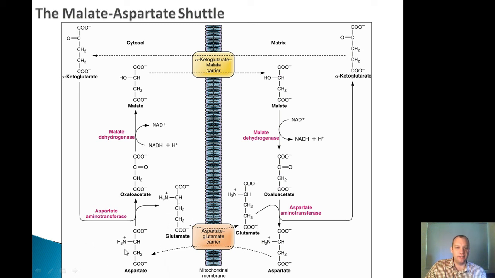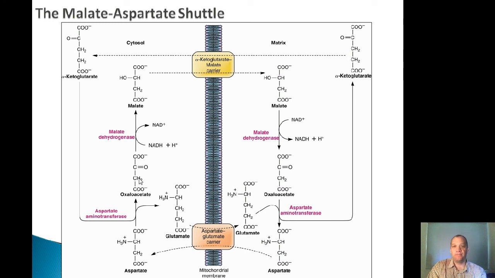And again, the reverse of what happens inside the matrix can happen in the cytosol when alpha-ketoglutarate and aspartate are used by the same enzyme, aspartate aminotransferase, to form oxaloacetate.